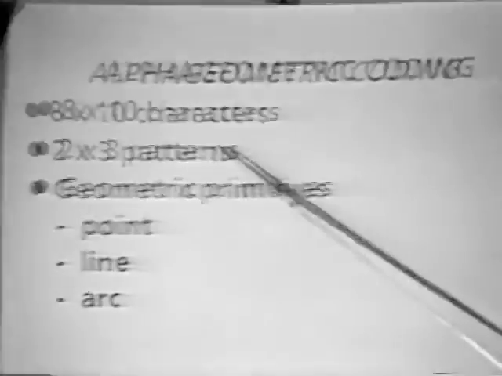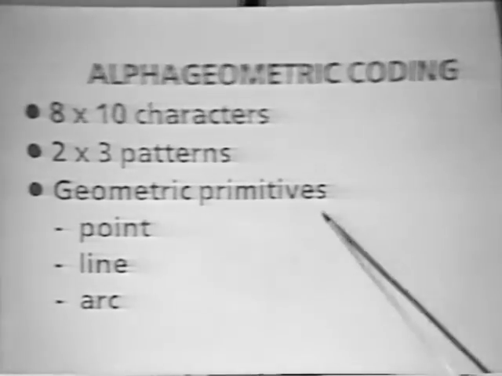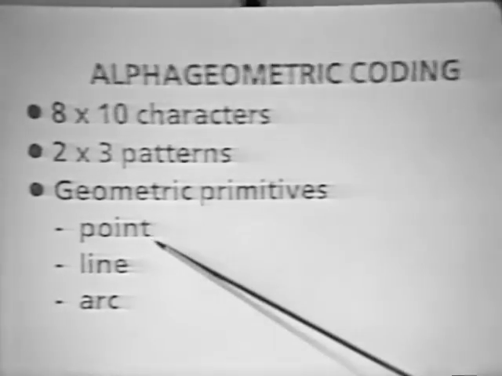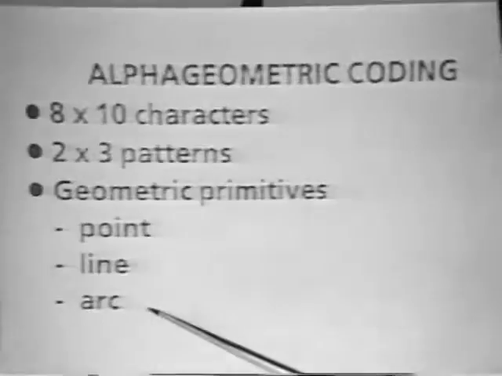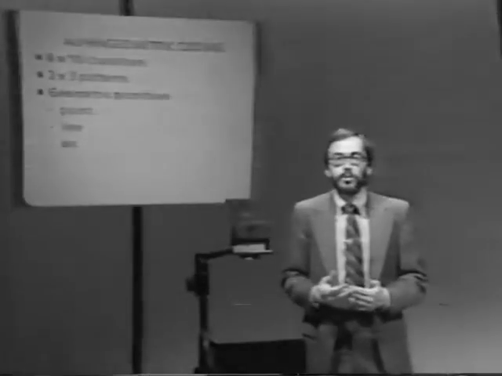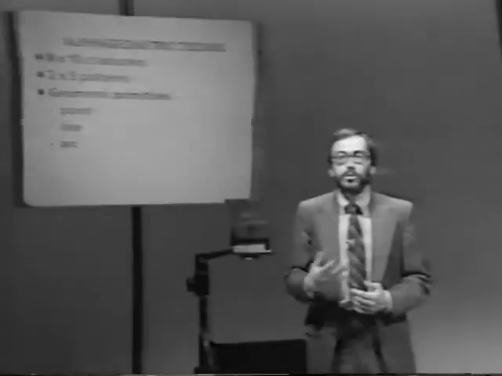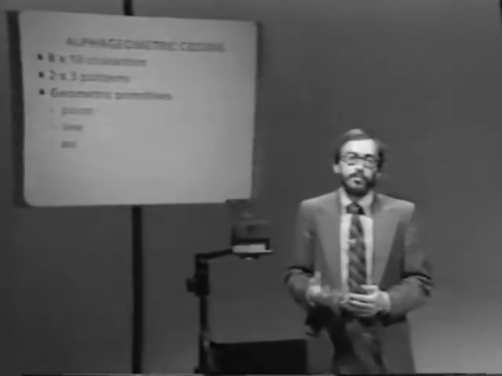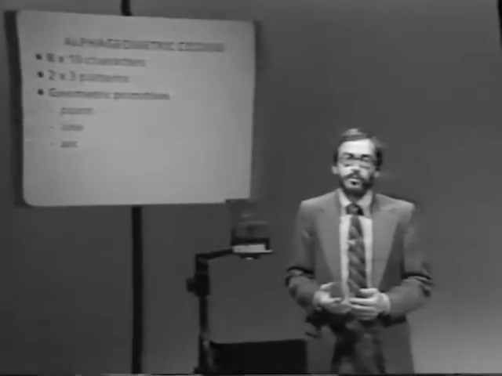It allows these 2x3 patterns, but in addition, it allows you to literally draw pictures, to define points with lines or arcs between them. So now what we have is a very complicated standard because you're allowed to define and draw images. From the user point of view, this is much better because now virtually any image can be drawn on the screen, only limited by the resolution of the screen itself.